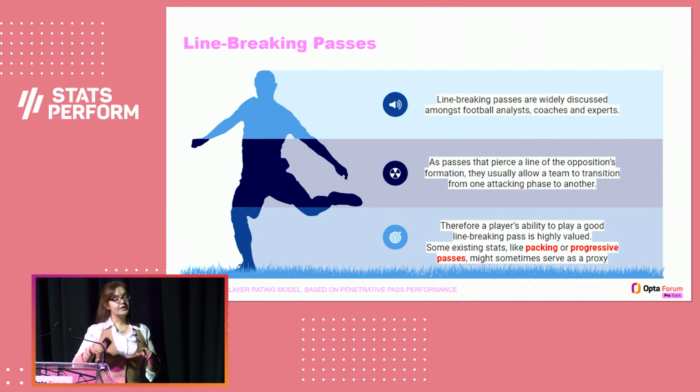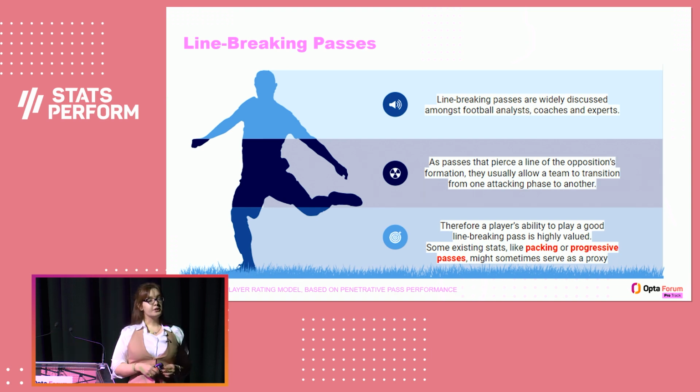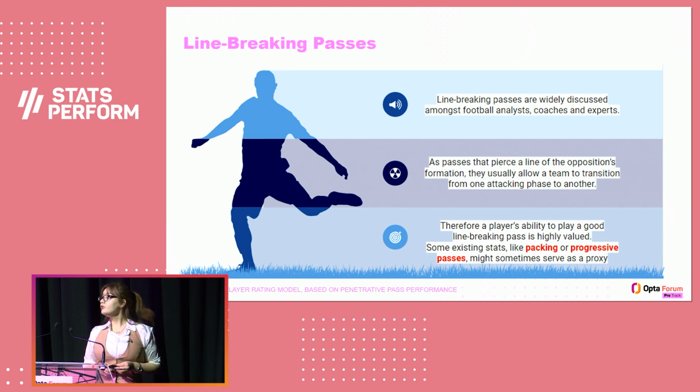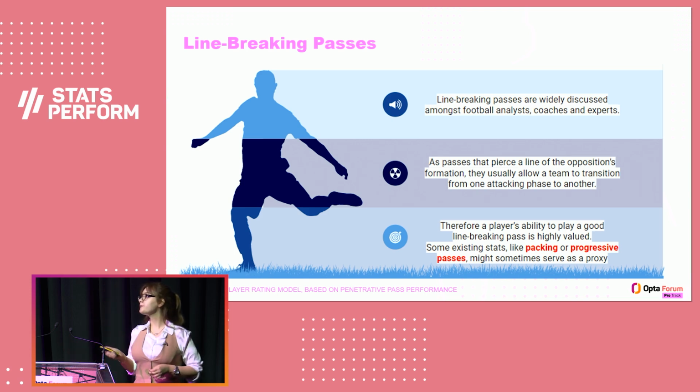They usually help a team move from one attacking transition to another, and may soon result in a goal, so it's very important to evaluate teams and players based on them. We can use it for player evaluation, and existing metrics are sometimes called packing passes or progressive passes, which you can find as a proxy.